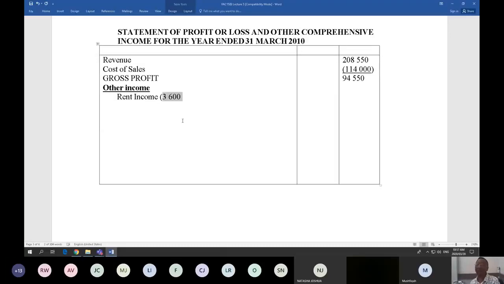If he has paid for 8 months in advance, there was actually income received in advance of 2,400 rand. That is 300 rand per month times 8 months. 8 months of that money is for the next financial year. So the income for the current year for rent income is 1,200 rand.